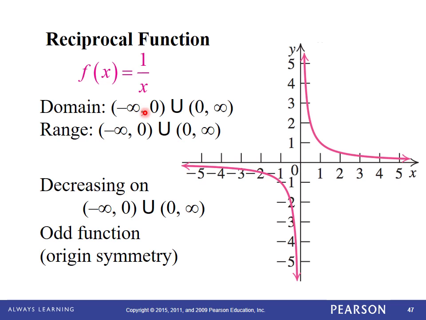Because if I say, what's the value of 1 over 0? And you're going to say, Mr. H, can't do that. And so it works up to 0, but not including it, hence the parentheses. Union means there's a break in my graph. And then not a bracket, it's a parenthesis. So anything up to 0, not including. Anything past 0, not including the 0.